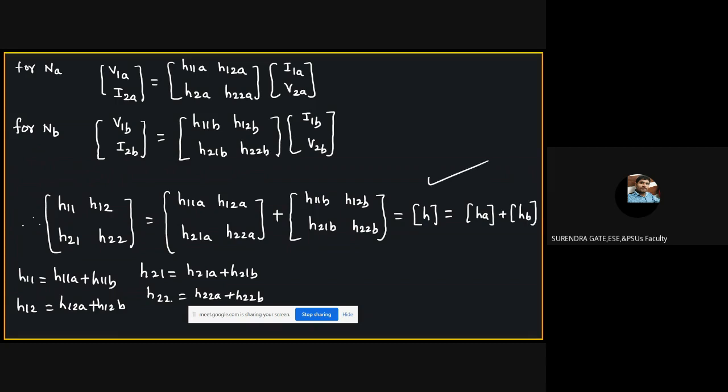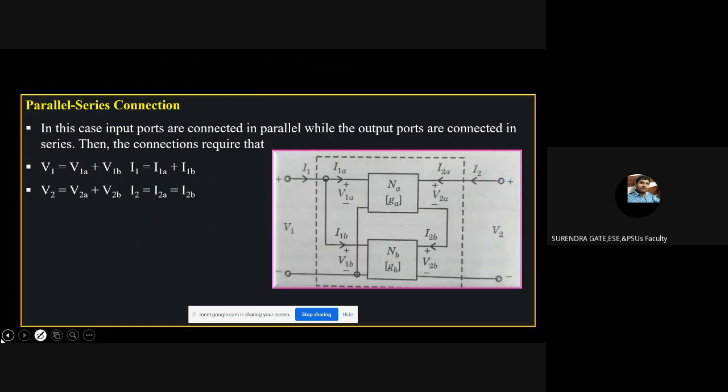Clear, friends? The next one, the last one, is the parallel series connection. For parallel series connection, which parameters are added directly? G parameters are added directly. The input port is a parallel connection and the output port is a series connection.